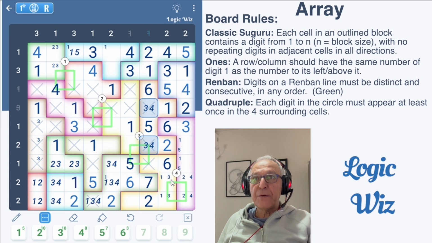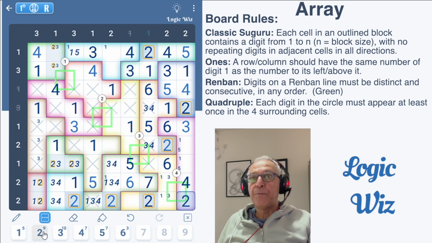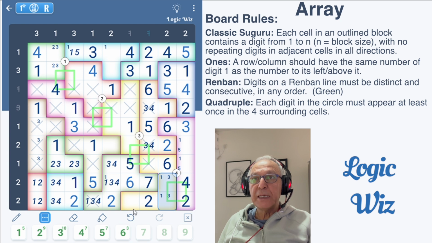Okay, we must have around the quadruple here a 4. This one must be a 4. This one must be a 2. Oh, these 2 are 1 and 3, and the remaining digits here are 4 and 5.